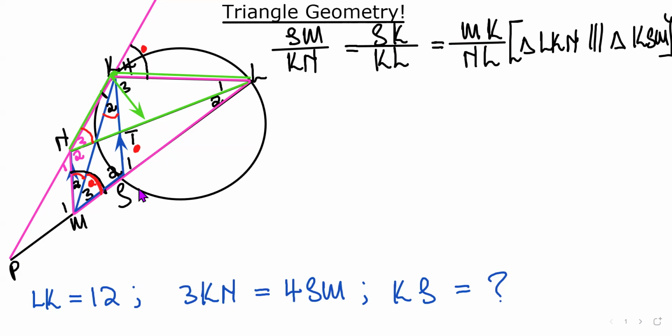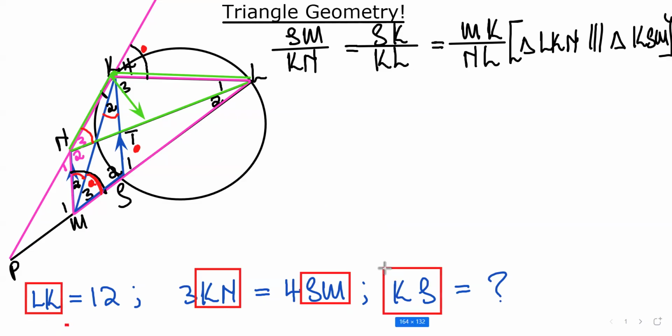So let's choose the relevant one and drop the irrelevant one. According to what we are given here, we see that KN is there, SM is there, LK is there, KS is there. So this means that this one is actually irrelevant. We don't need to write it.